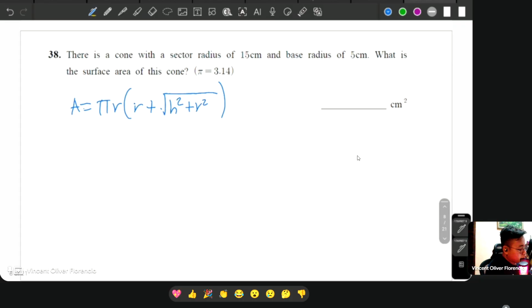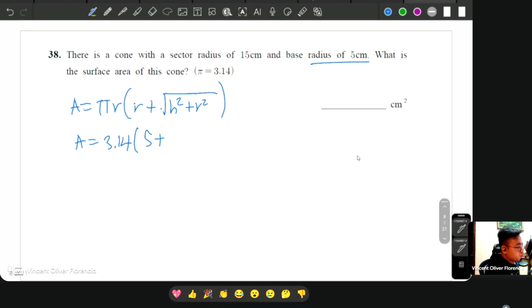Now, if you will solve for this, the area, again, pi is 3.14 according to the problem, the estimate. Then the r, what's the r here? The radius is 5. This is 5 plus, okay. So what's the value of h?